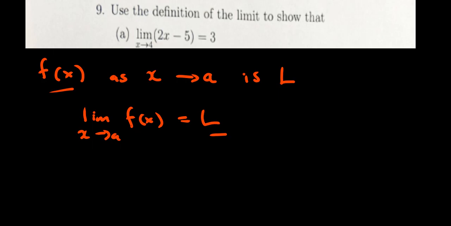So the definition says for every epsilon greater than 0, so I will use some notations here. I will write in this way. So this symbol here, more of an inverted A, means for all or for every.